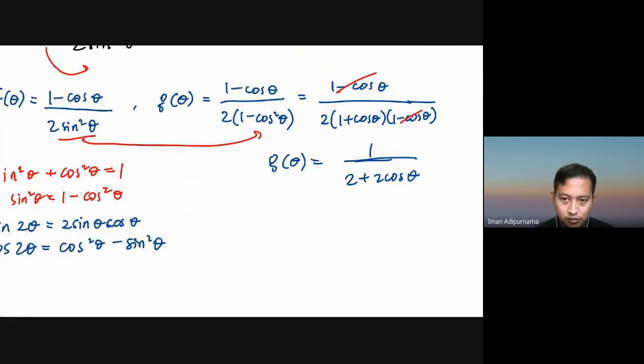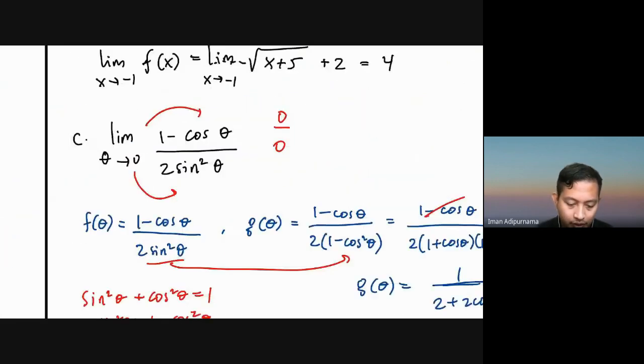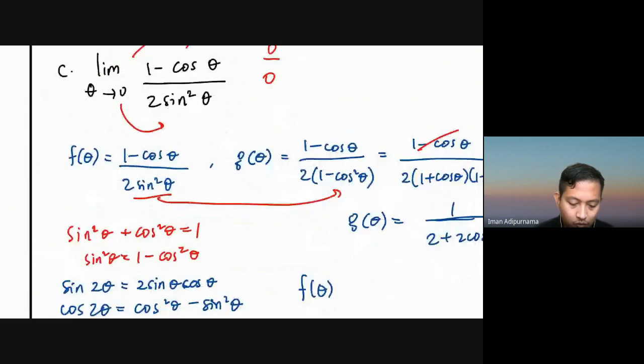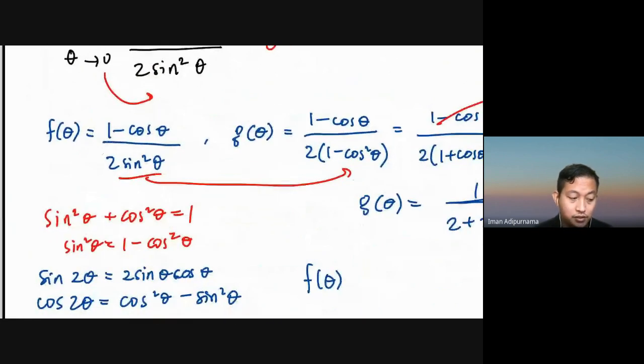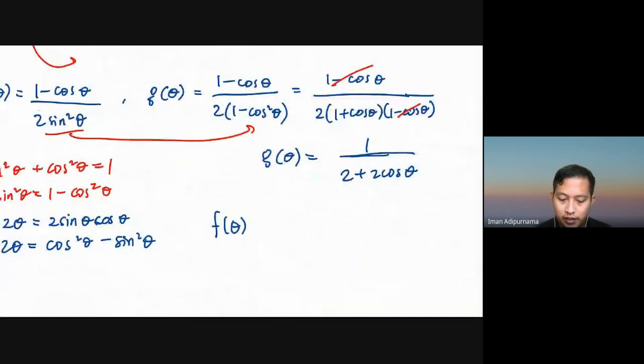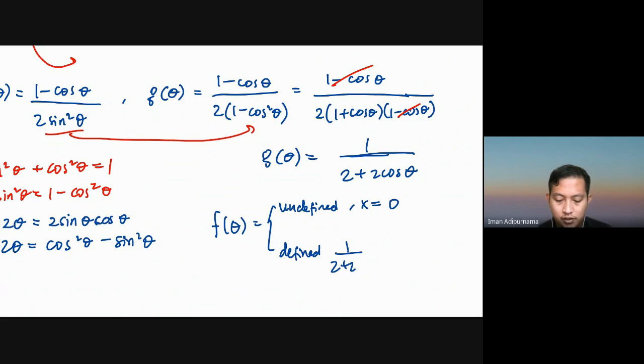So if we go back to the f function, 1 minus cosine over 2 sine squared, it will be undefined when x is equal to 0, and it will be defined if this is not equal to 0.